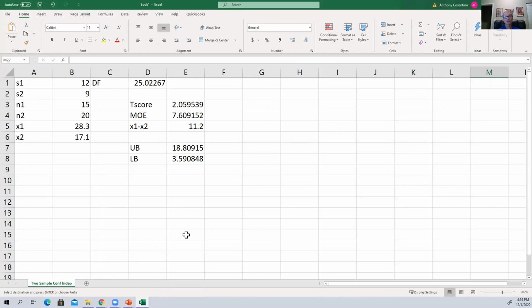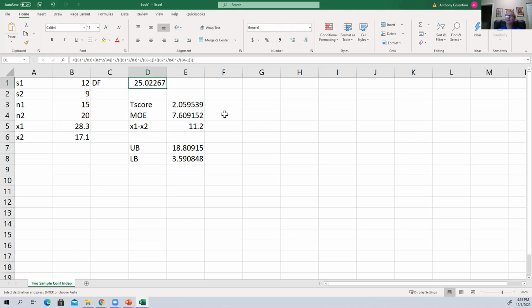So here is the spreadsheet. And so what I put in here are the S1, S2, N1s, and then the two X1s, right? So these are the numbers. So here is the calculation, and here's the crazy degree of freedom. And I uploaded this spreadsheet to Canvas, so you have it.